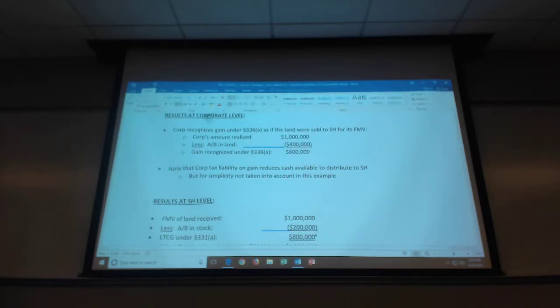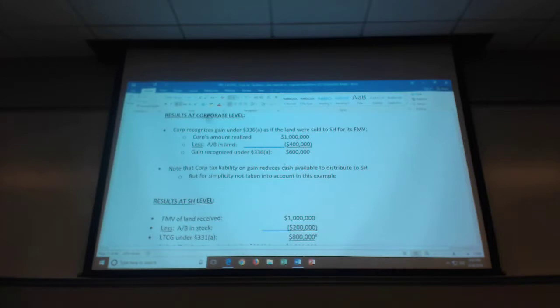So the corporation has $600,000 of gain on that distribution, even though it's not getting any cash. Basically the same result that we studied under section 311B1 for a non-liquidating distribution of property.